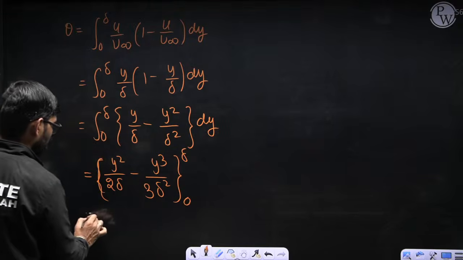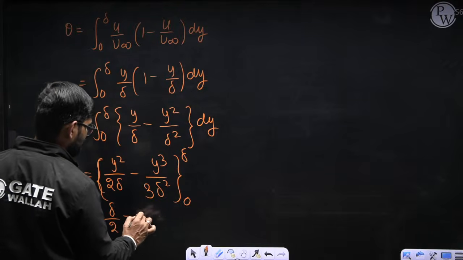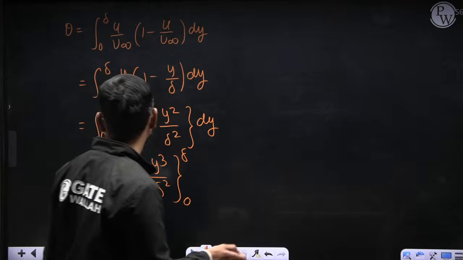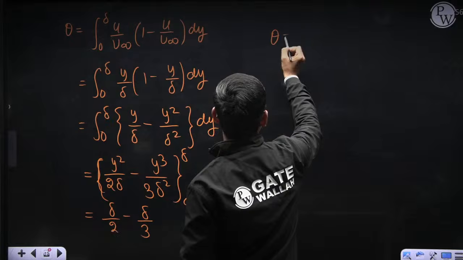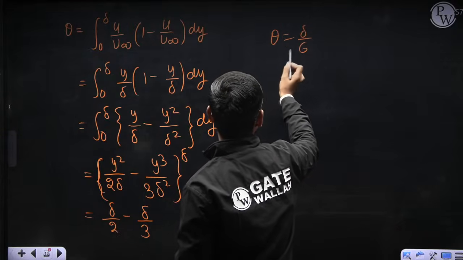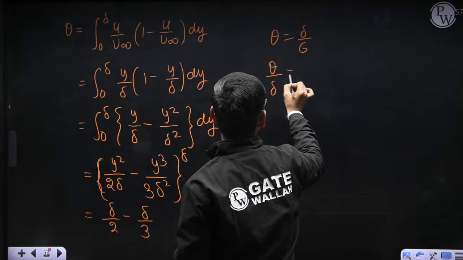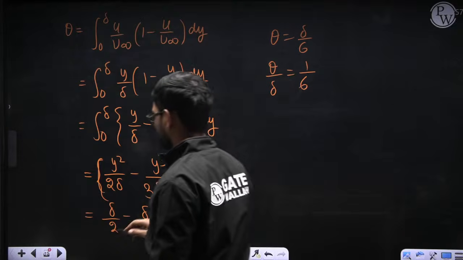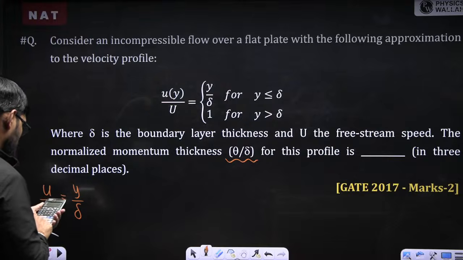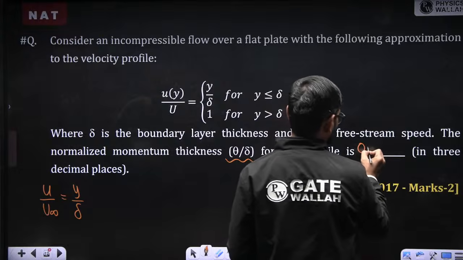Now put in the values. Here you will get delta by 2 minus delta by 3, so you will get delta by 6. So theta is equal to delta by 6, and theta by delta is equal to 1 by 6. 1 by 6 is how much? This value will come 0.1.